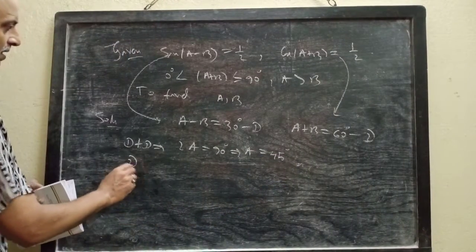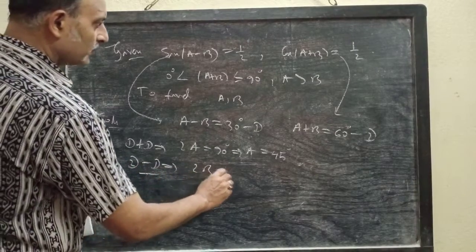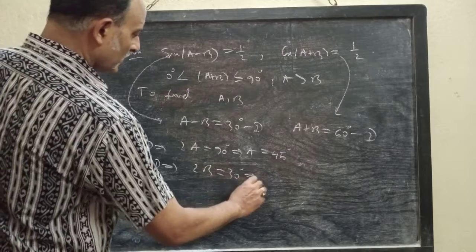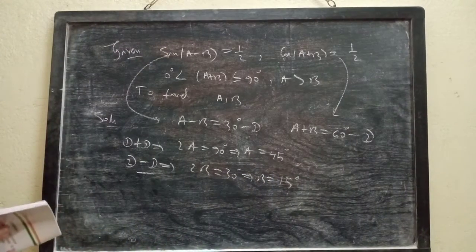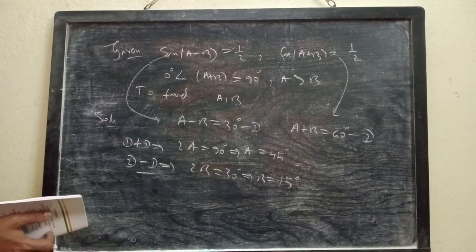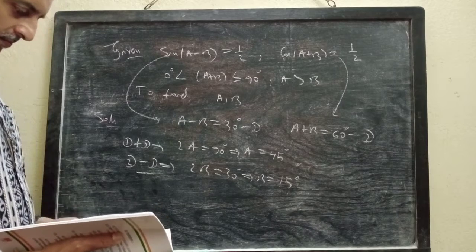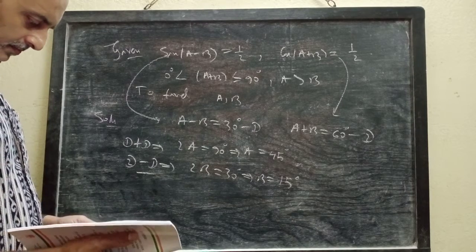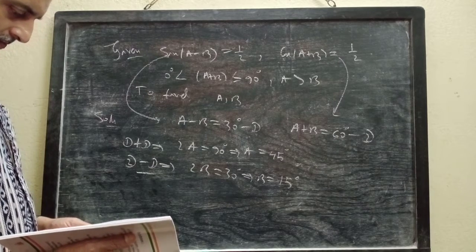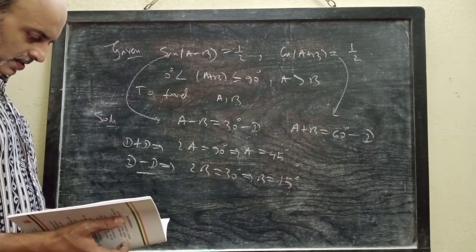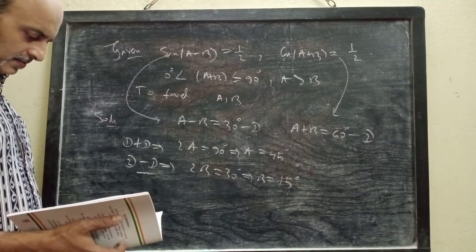And then subtracting 1 from 2, we get 2B equals to 30 degree. That means B equals to 15 degree. So we get the values of A and B. Next question.